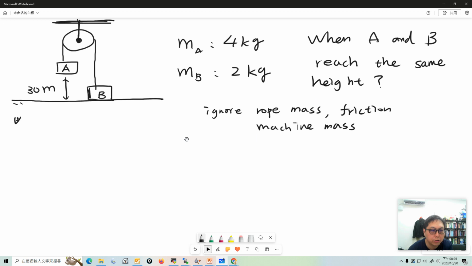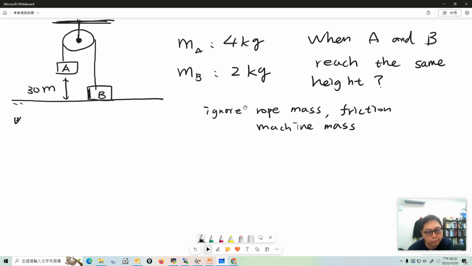We can use Newton's law to solve the problem, and it also connects to 1D kinematics. To keep the problem simple, we ignore the mass of the rope.